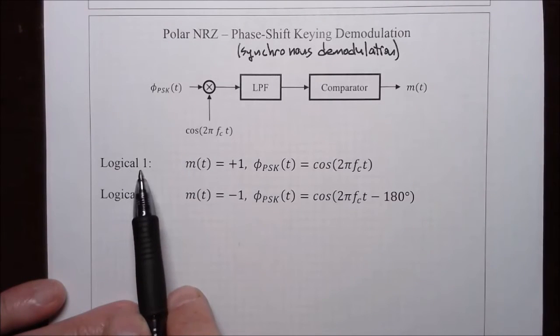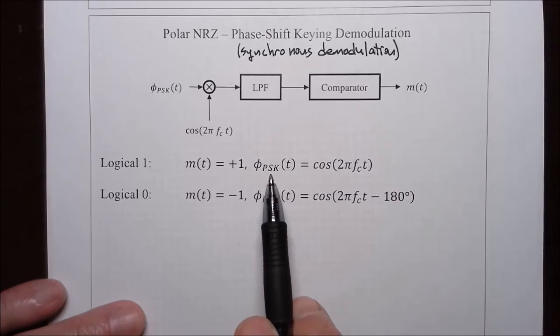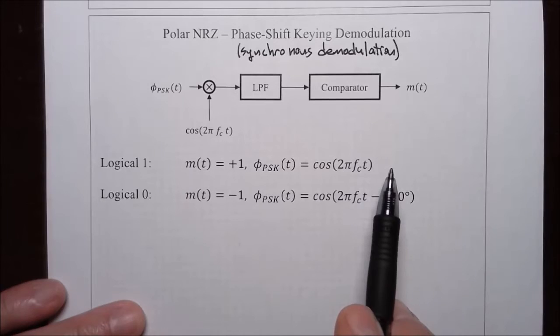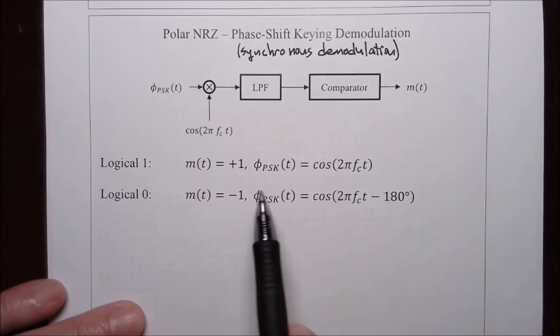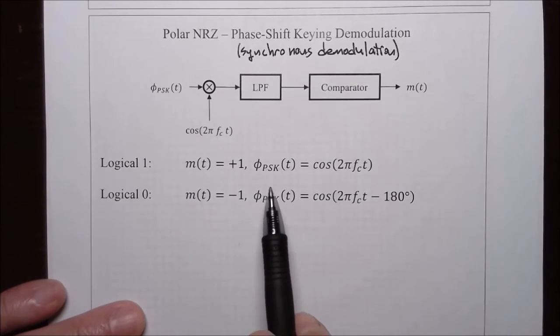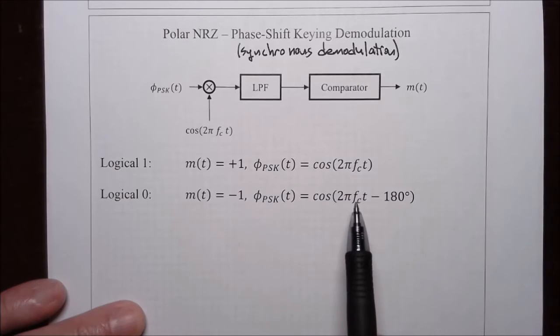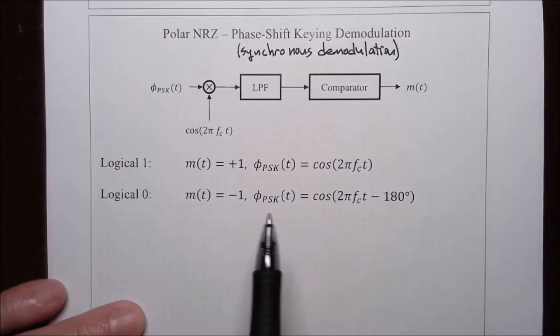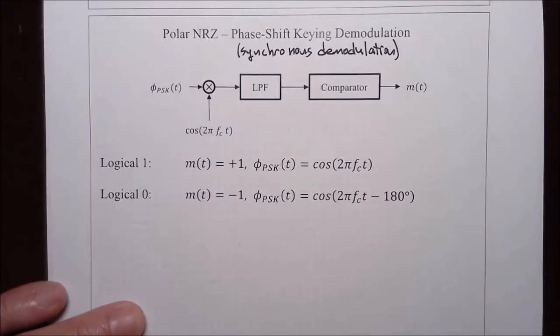If the message signal is a logical 1, it is cosine 2 pi fct with a phase angle of 0. If it's a logical 0, the modulated signal is cosine 2 pi fct minus 180 degrees. We've let the amplitudes equal 1 just for simplicity's sake.